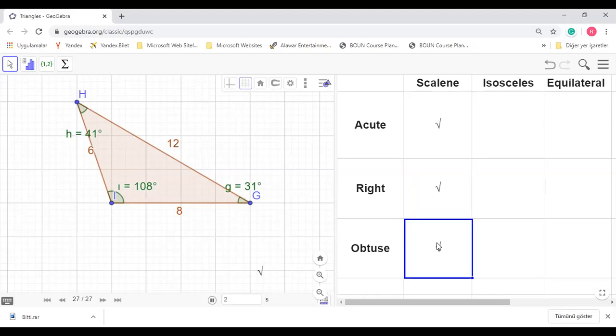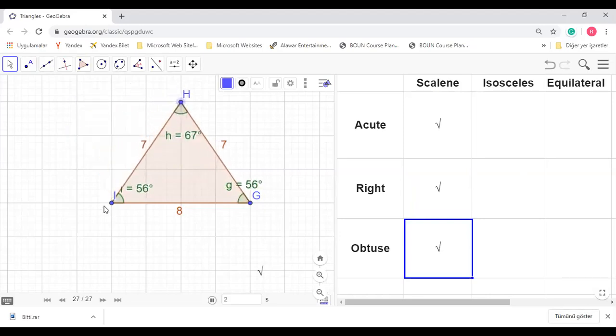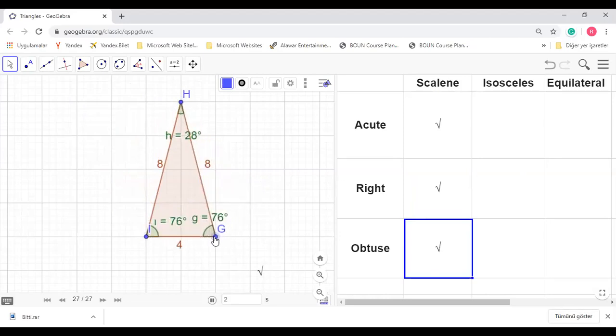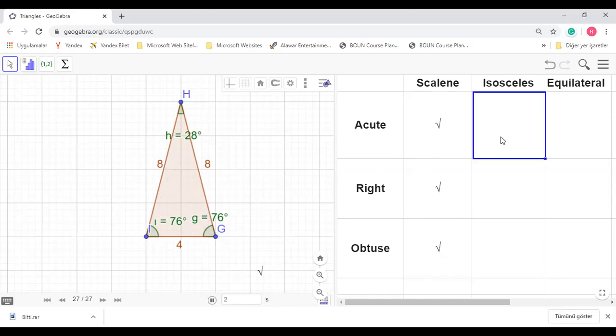And now it's isosceles' turn. Let's create an acute isosceles triangle first. And let's try. Yes, we created it. This is an acute isosceles triangle because two sides are equal and its angles are acute angles, right?